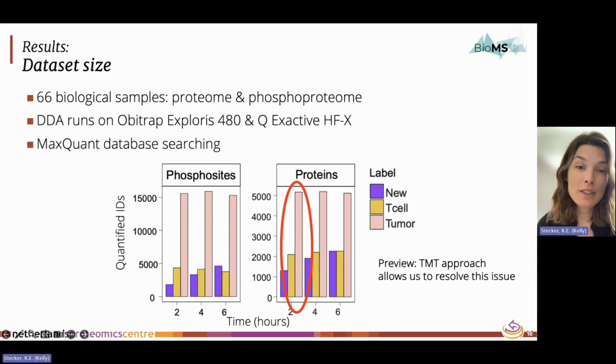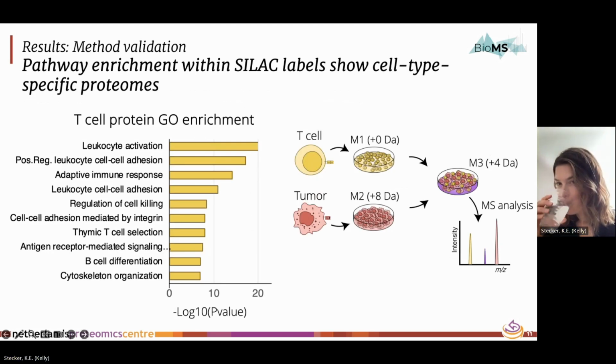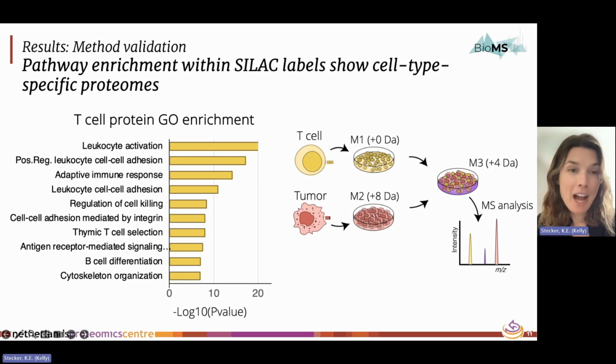So overall, this is our data set, and the first thing we wanted to ask was, did we actually quantify distinct populations in our mixed cell system? So to ask that question, we extracted all of the proteins which were more abundant in the T cell label, so that's the light SILAC label, and did a GO enrichment analysis on these proteins.